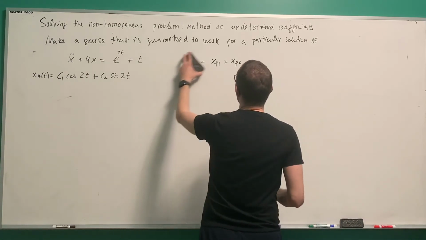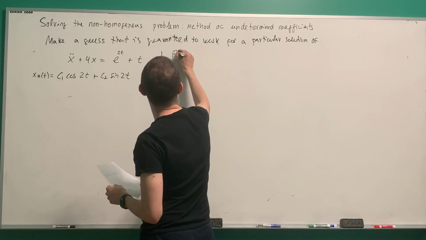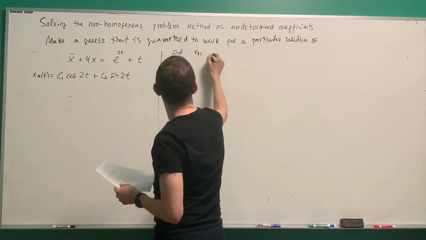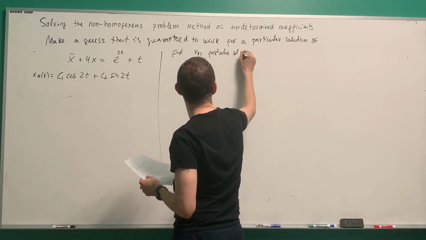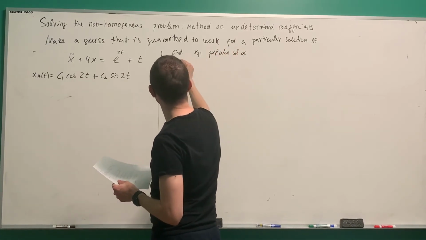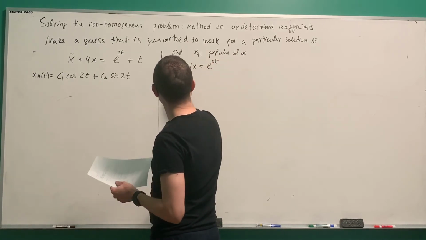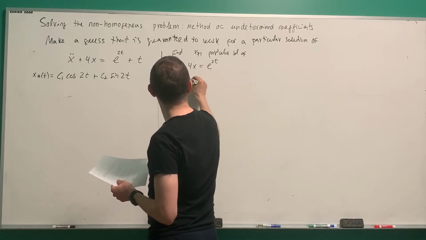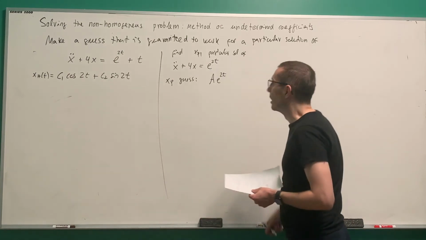So let's find xp1, that is a particular solution of x dot dot plus 4x equals e to the 2t. Then the guess, xp guess, would be very easy, is a e to the 2t. Wonderful.